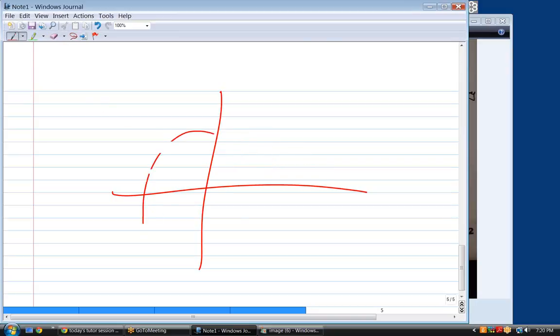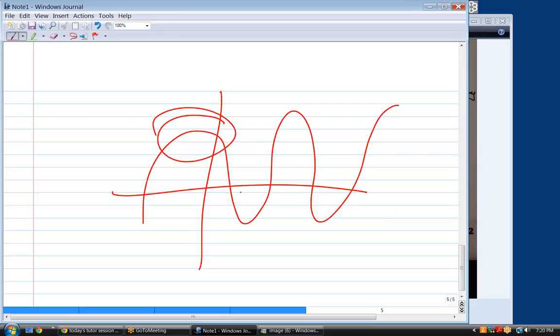So if I draw a function like this, I've got a local extrema here, a local minimum here, a local maximum there, and a local minimum again there. None of these are absolute. The difference between local and absolute is that absolute means for the entire function.